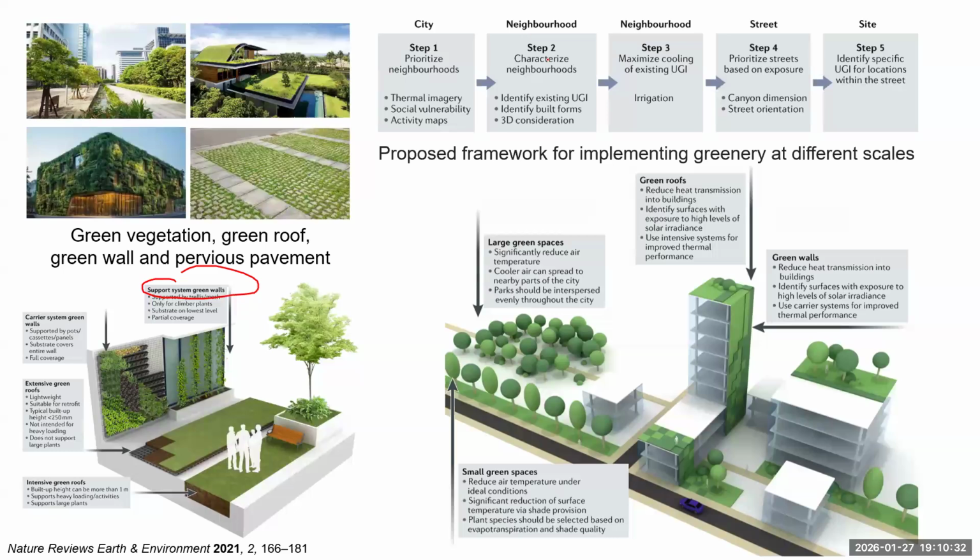And step 2, to characterize the neighborhoods, identify the built forms and 3D considerations. And finally, the detail for the site, so even the street, neighborhood and the site, to identify the detailed strategy, including large green spaces, small green spaces, green roofs, and green walls.